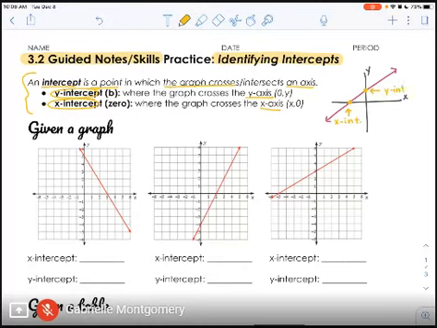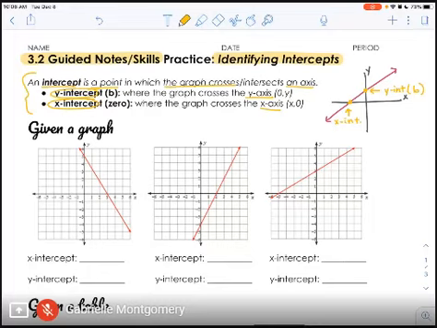Now, we've been talking a lot about the y-intercept because we have to use the y-intercept to write the equation of a line in slope-intercept form, y equals mx plus b. The y-intercept has a special letter, b, that's associated with it. So if we're talking about the value of b, we're referring to the y-intercept.